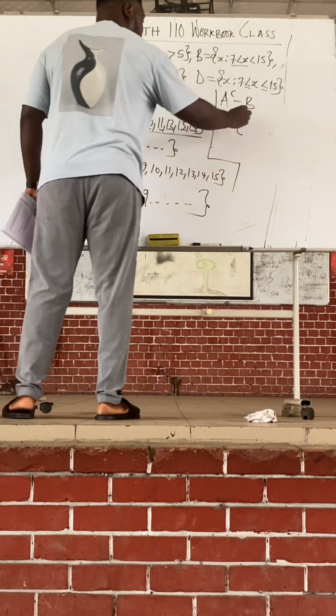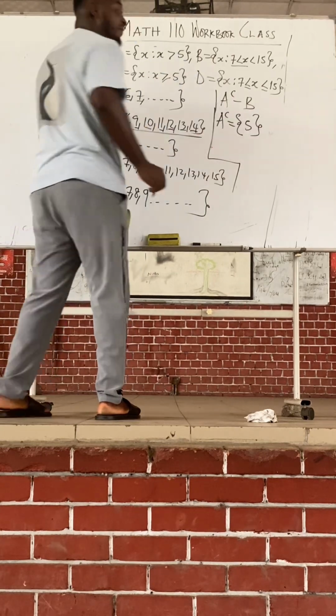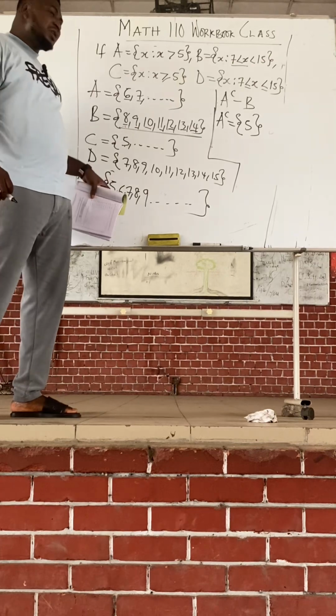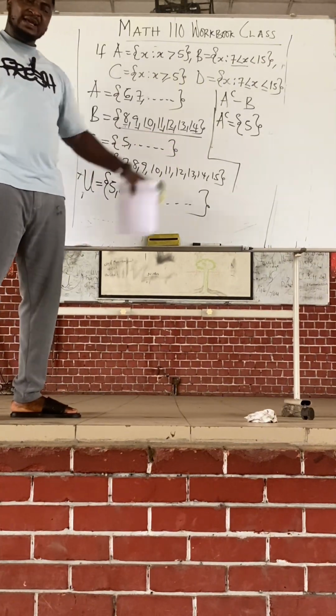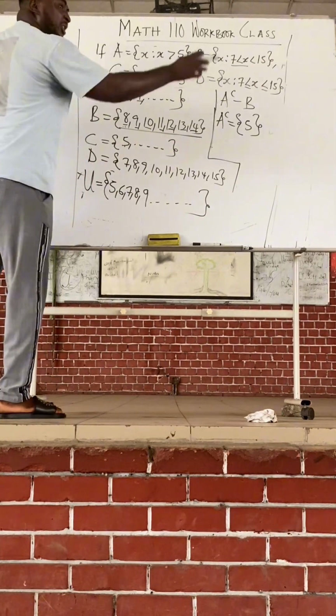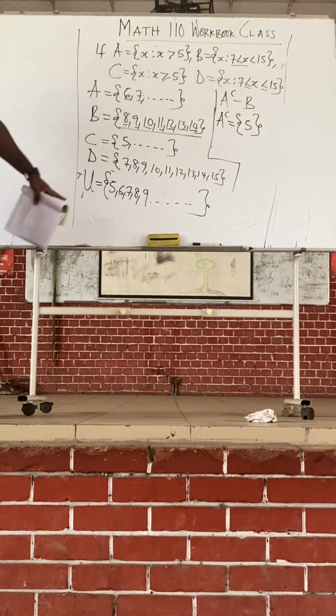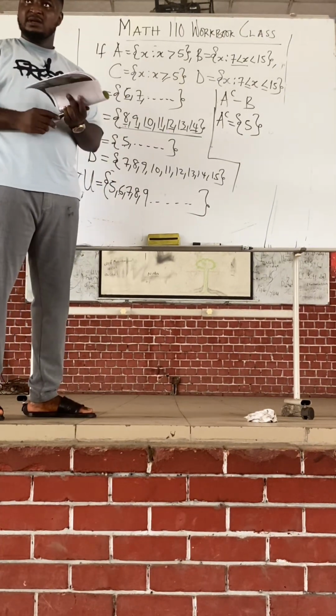Only 5. So A complement is 5. It's only 5 that is in U that is not inside A. Because A starts from 6 till infinity, remember? So everybody from 6 to the end is A. Only 5 is missing in A.